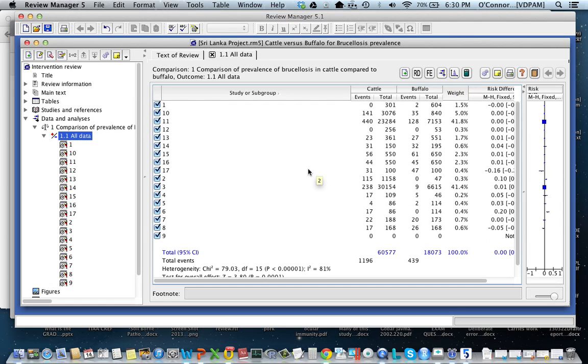So that means that we're not going to calculate a summary effect measure in this example. Instead, we are going to explore heterogeneity by doing a subgroup analysis. So how do we do a subgroup analysis? That is going to be the topic of the next video.